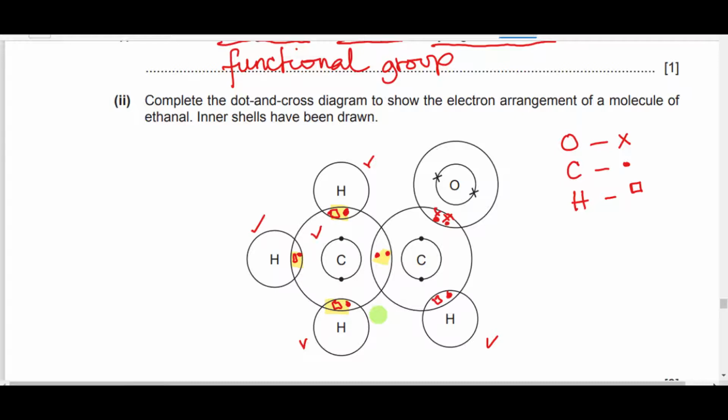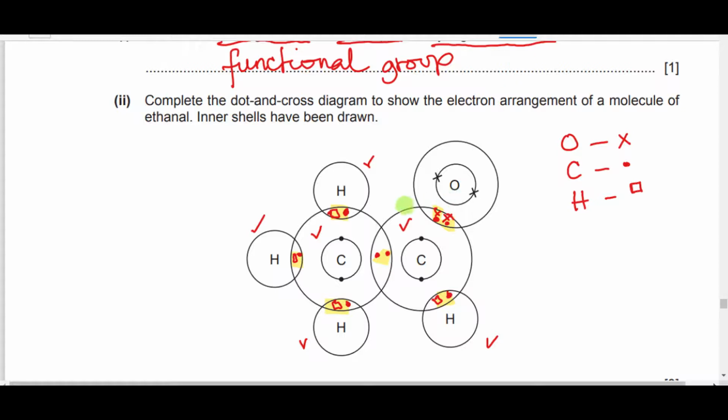This particular carbon is complete. Now let's check the other carbon. Outermost shells only. 1 2 3 4 5 6 and 7 8. So that is also complete. So we check this carbon.